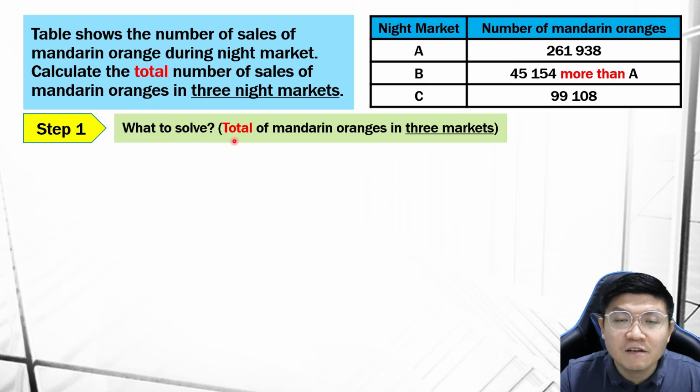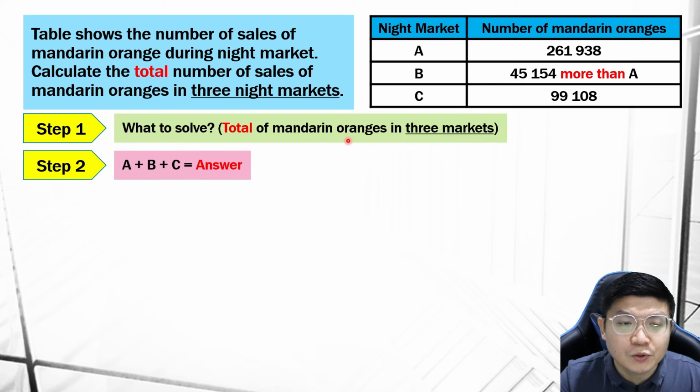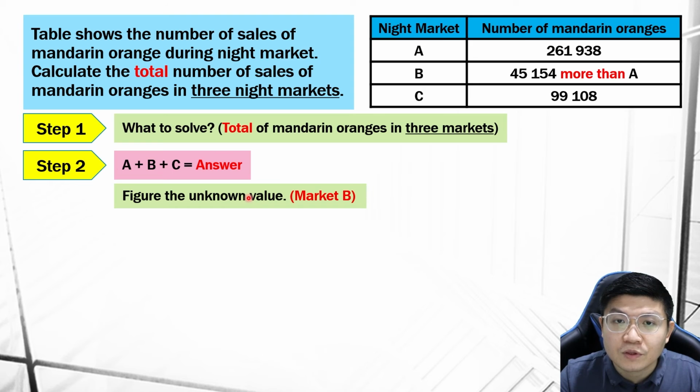You're actually finding the total of mandarin oranges in 3 markets. Step number 2, you are going to solve the problem. A plus B plus C, right? Then you can get the answer. But hold on. We don't know the value of B.